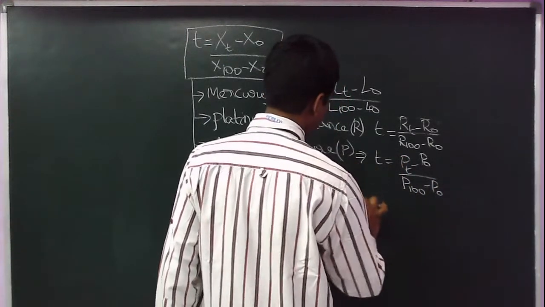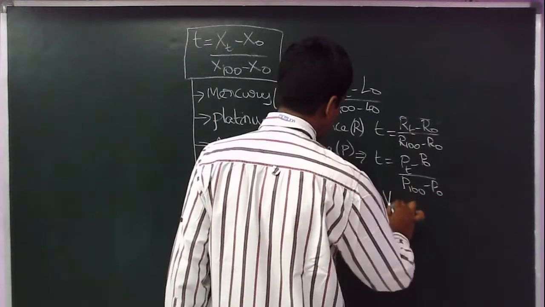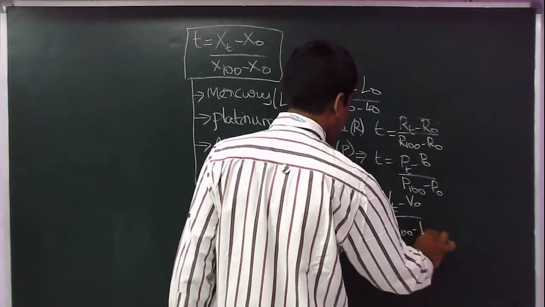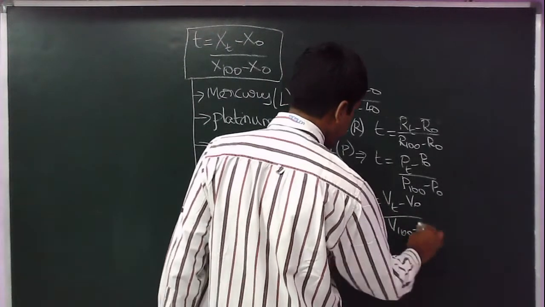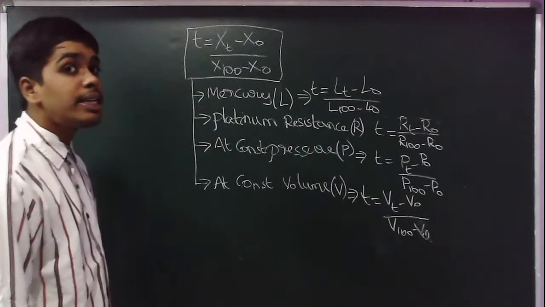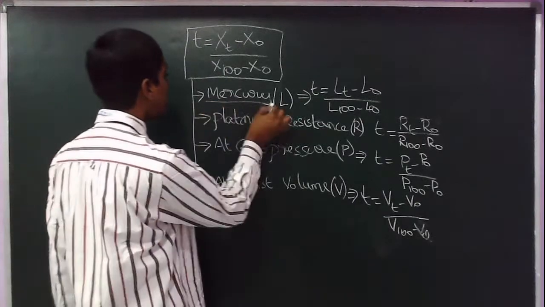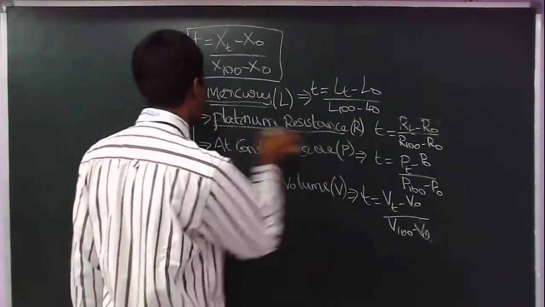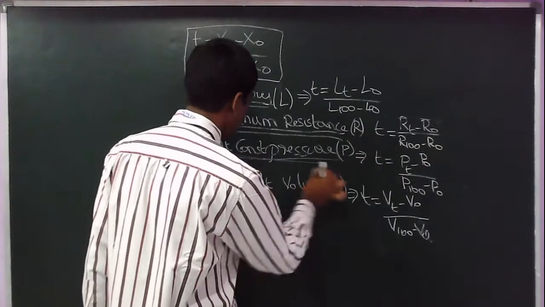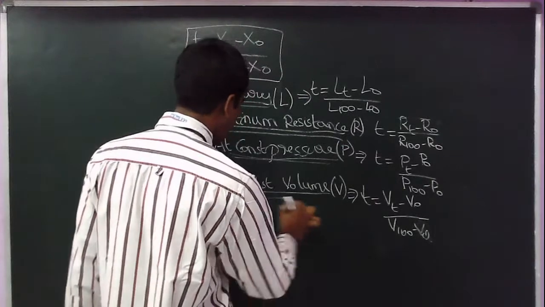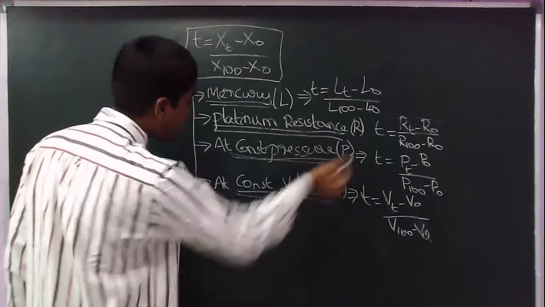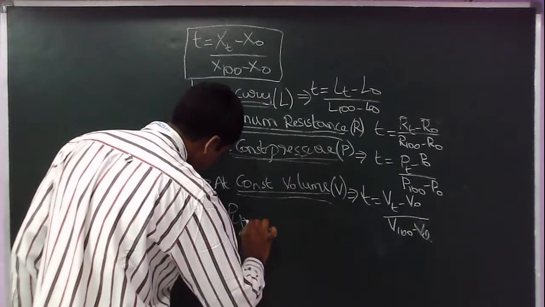For volume, T is equal to (VT minus V naught) upon (V100 minus V naught). So in this way we can find out the temperatures by using the mercury thermometer, platinum resistance thermometer, and the thermometer at constant pressure and constant volume. So we have one more thermometer that is not based on these values. It is called the pyrometer.